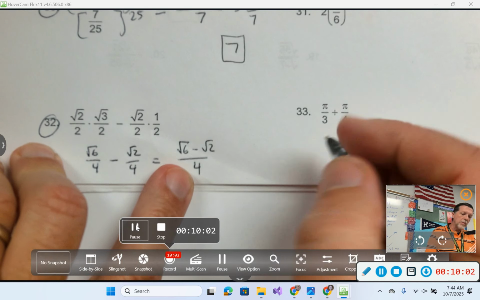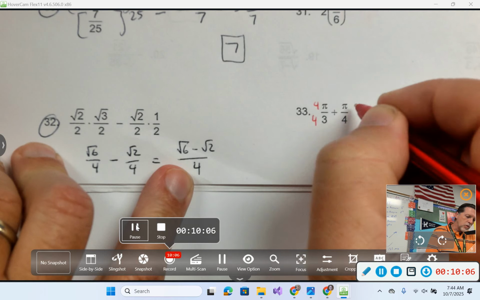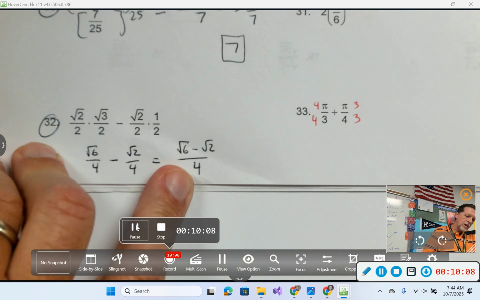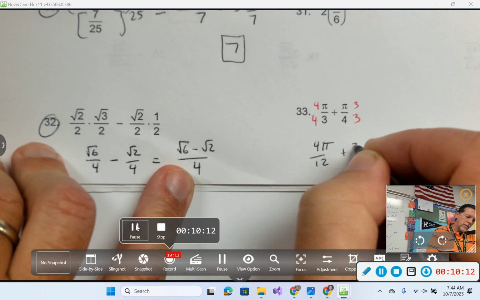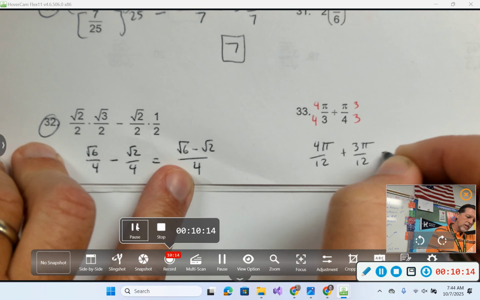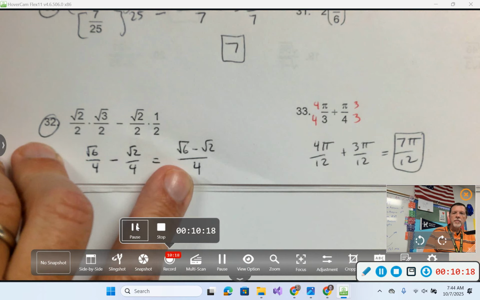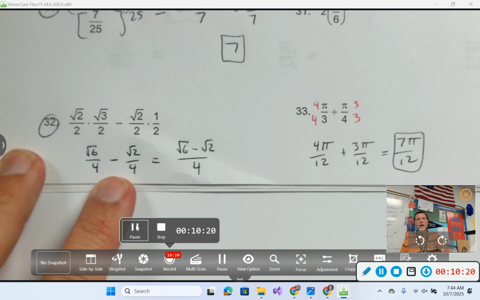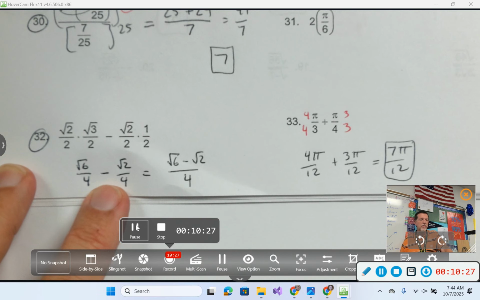What would our common denominator be? Maybe that's a better 12. So that one needs a 4. Second one needs a 3. So 4 twelfths plus 3 twelfths is 7 twelfths. But that's just basic fraction stuff. Not everybody knows basic fraction stuff, but that's basic fraction stuff.